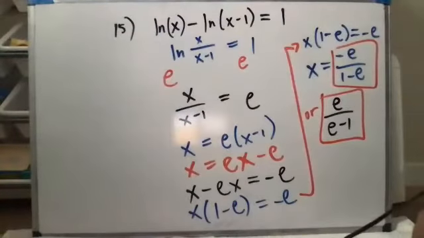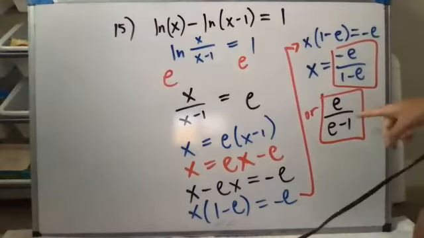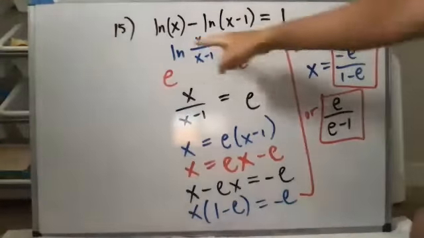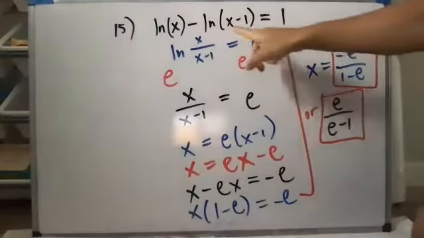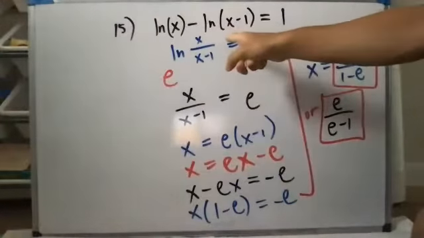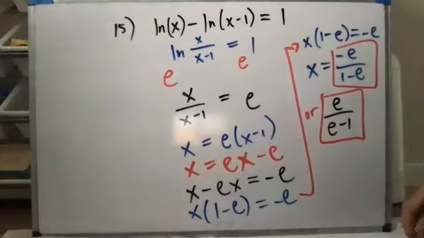Okay, last thing we should look at is make sure that it's going to be positive if I plug it in. So let's look at this version. If I plug in this e over e minus 1, that's positive. Okay, no problems. If I plug it over here, e over e minus 1 minus 1. Yeah, that looks to be positive as well. So that should be fine.